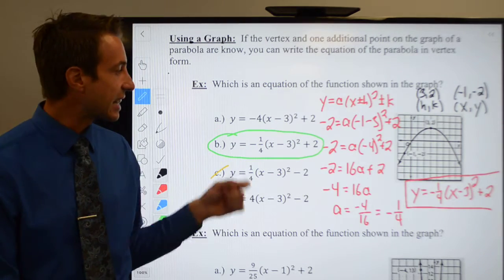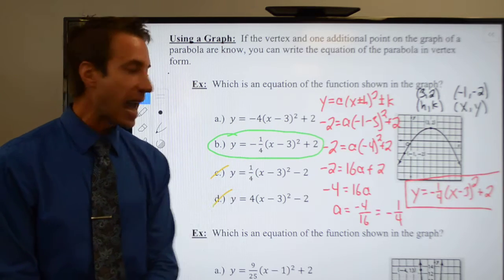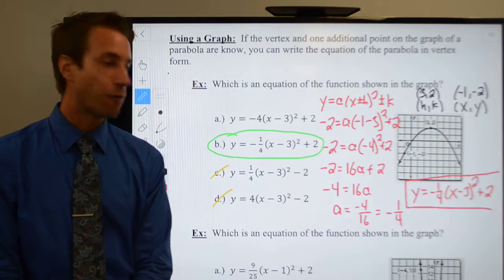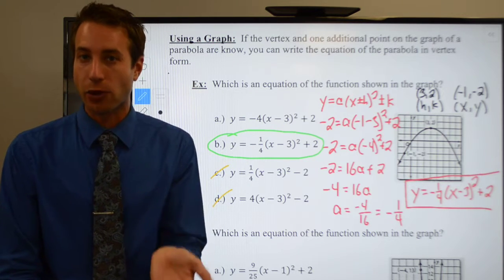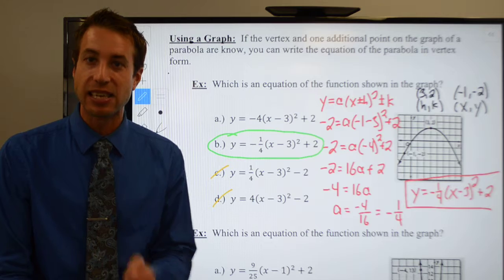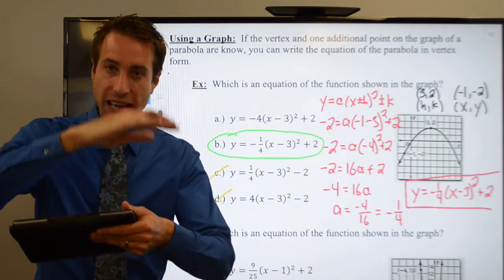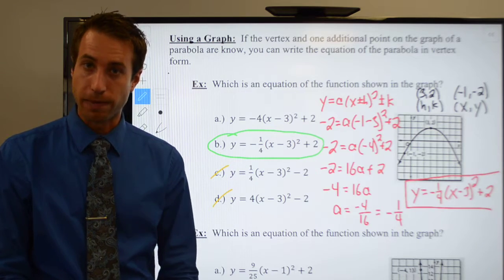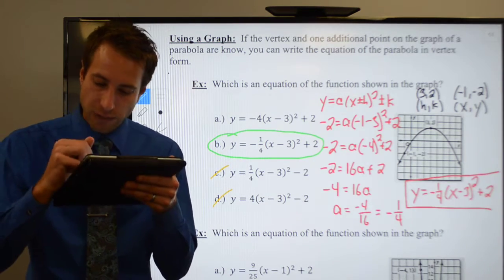What that does is that leaves me then with either an a of -4 or an a of -1/4. Well, remember what a does. A both reflects the graph across the x-axis, and a does a vertical stretch or a vertical compression. So what would the graph look like if a were a positive 1?